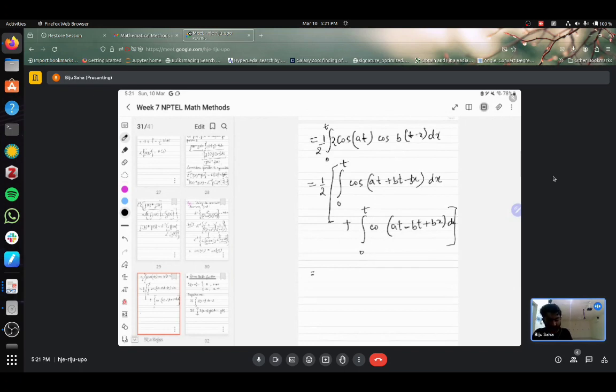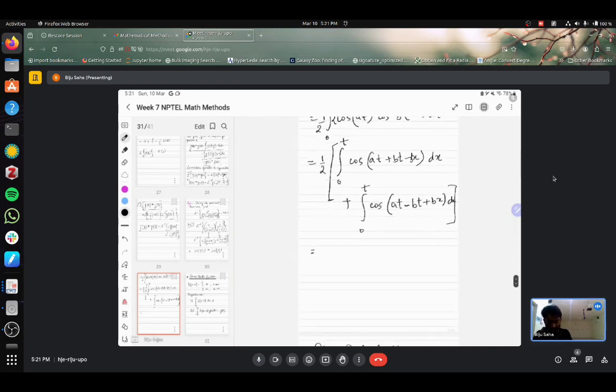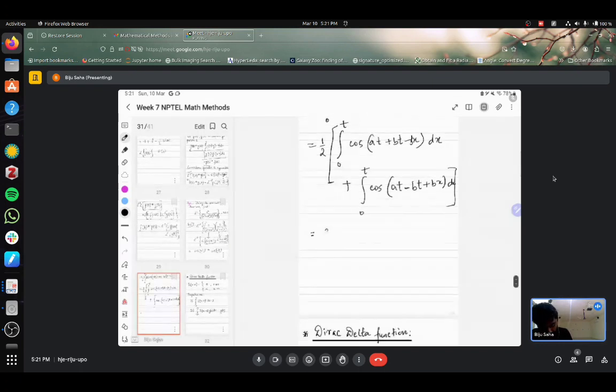You just have to integrate the cos terms. So when you perform the integration and put the limits from 0 to t, ultimately you get this expression. I'm not working out this simple integration. You can do it later.